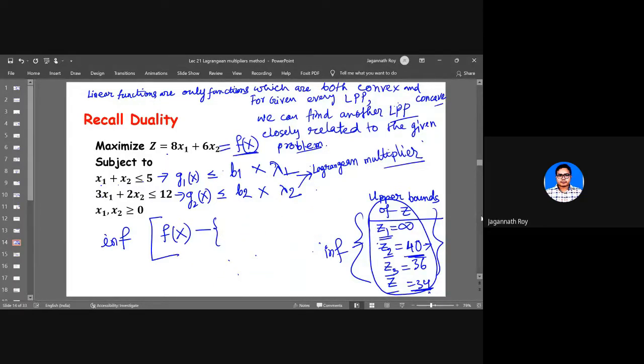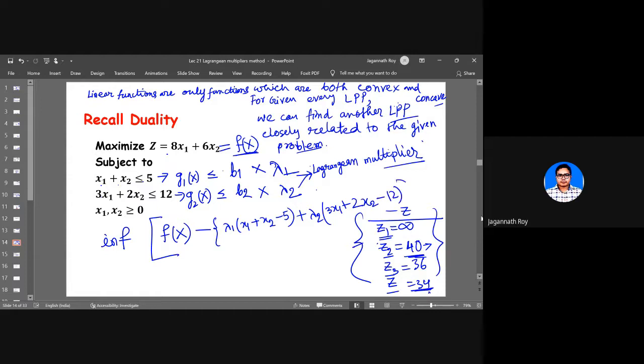Let me show you one more difference. If you take it here, lambda times x1 plus x2 minus 5 plus lambda 2 into 3x1 plus 2x2 minus 12.